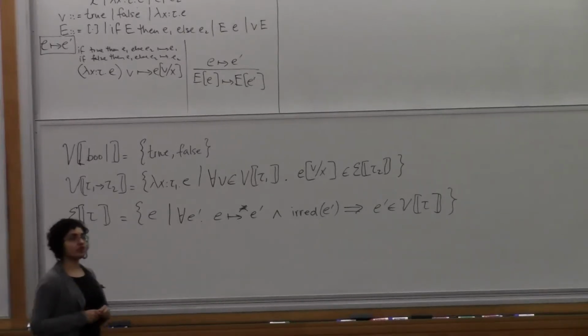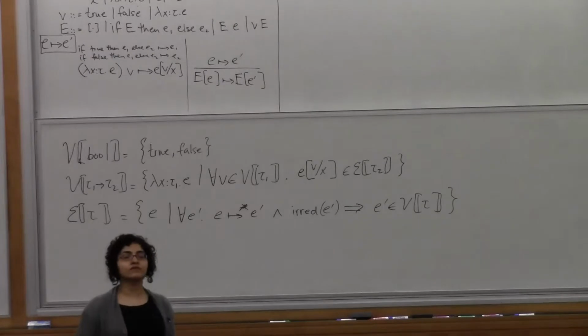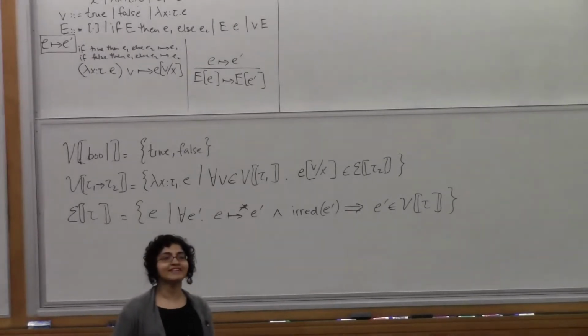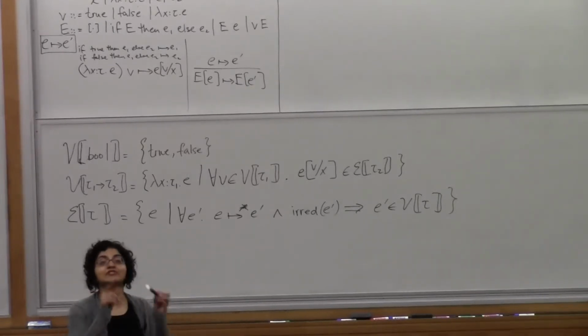Any other questions? I'm assuming that we have irreducible and value as different predicates because we haven't proved that they're the same. Precisely.